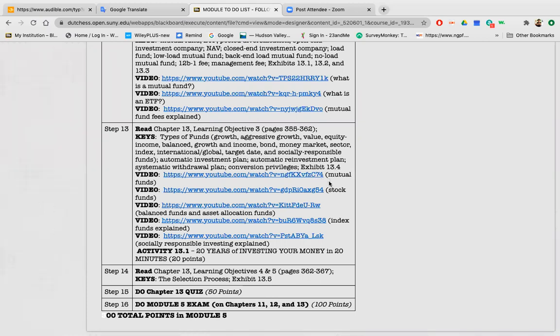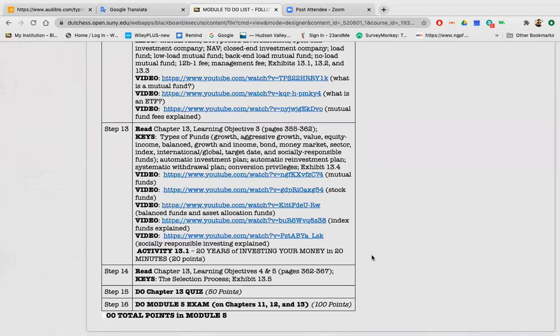And of course, some great videos explaining what mutual funds are, the difference between stock funds, index funds, et cetera. And something that a lot of people are interested in over time called socially responsible investing. They want to invest, but they don't want to invest in companies that do bad things, such as pollute the environment or make products that make people sick, like cigarettes, for example.